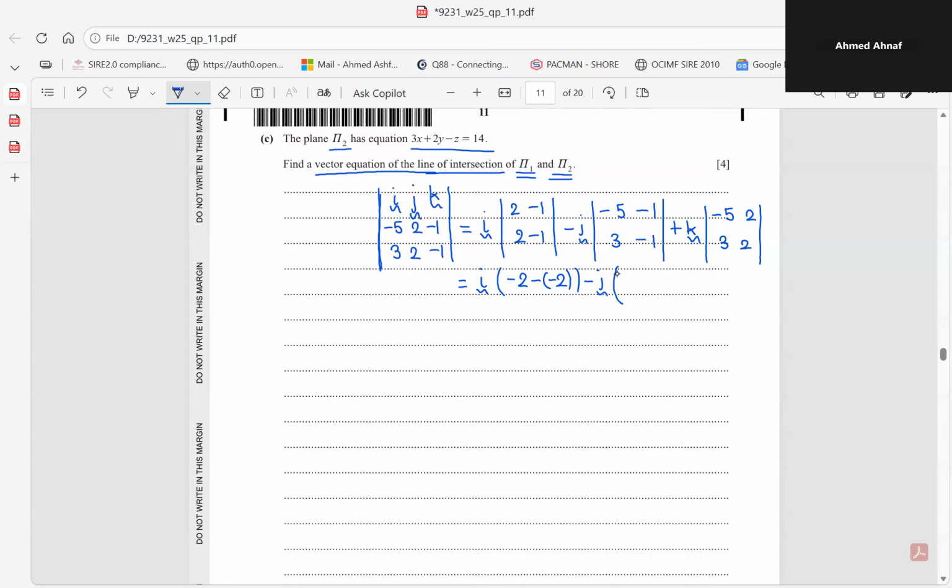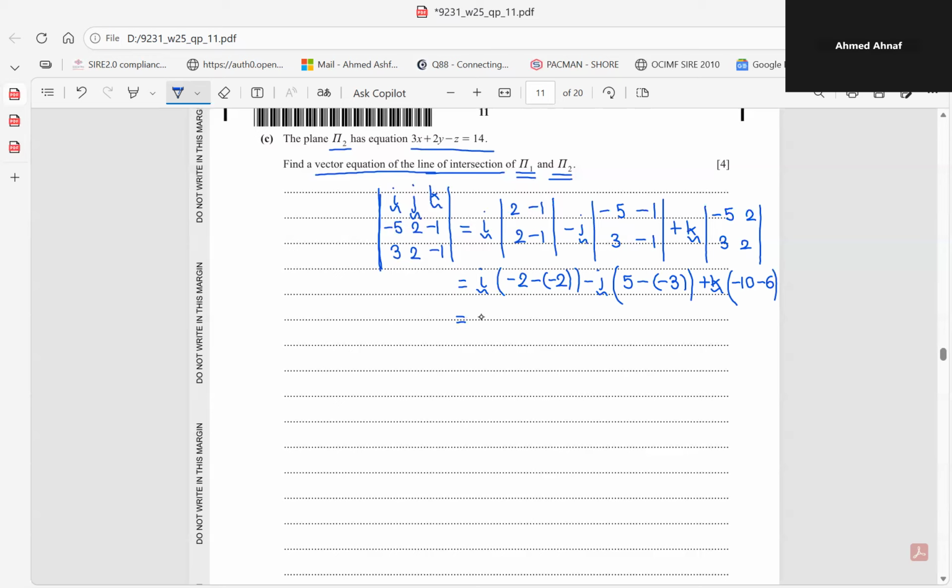Minus j, negative 5 times negative 1, which is 5, minus negative 1 times 3, which is minus 3. Then plus k, which is negative 5 times 2, which is negative 10, minus 2 times 3, which is 6.